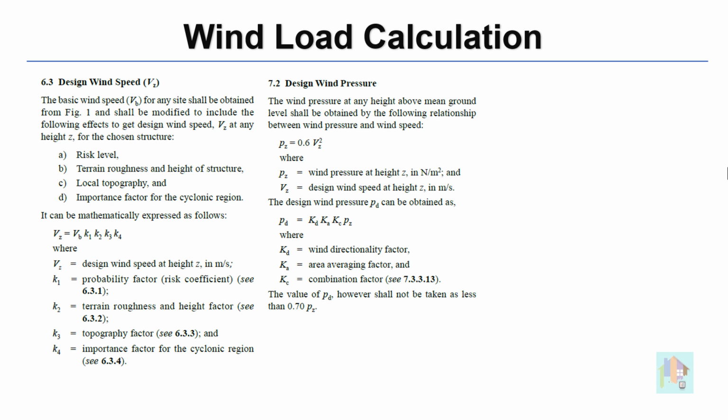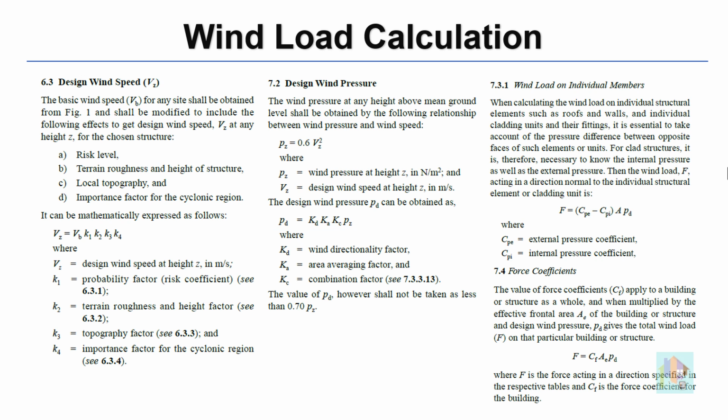Then this design wind speed is used to calculate the design wind pressure following clause 7.2 with proper direction, area averaging and combination factor. Finally, clause 7.3.1 or clause 7.4 is used to calculate the wind load on individual elements like wall, roof or member.